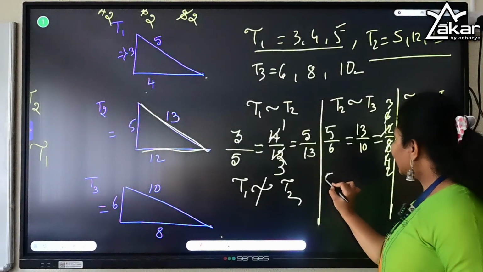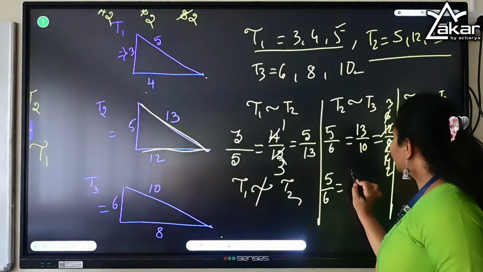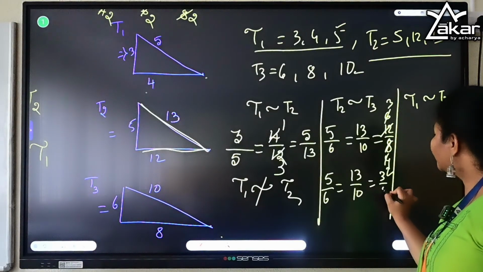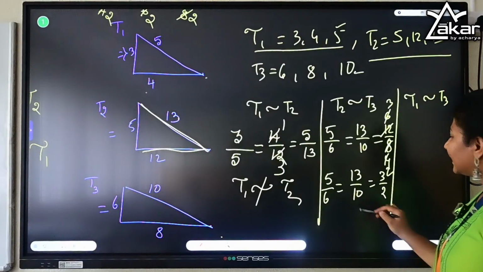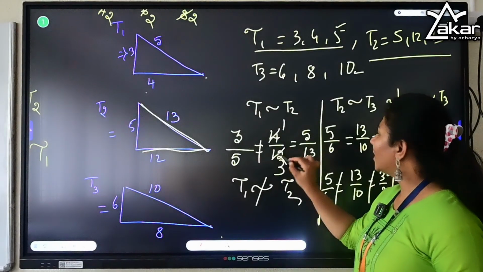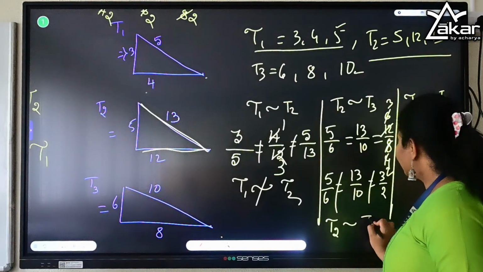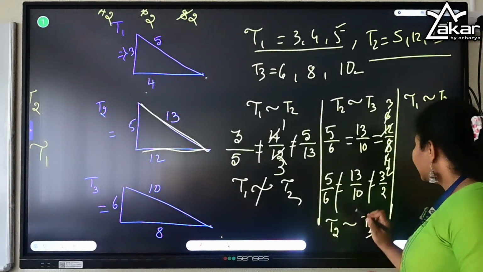Is 5 by 6 equal to 13 by 10, equal to 3 by 2? No, it is not equal. So all the terms are not equal to each other. Therefore, T2 is not similar to T3.